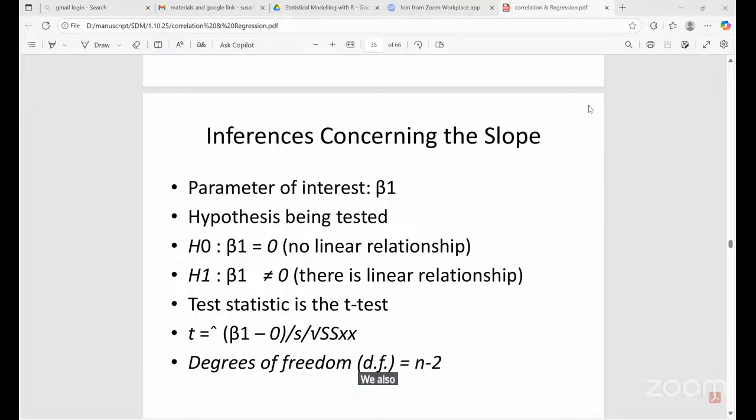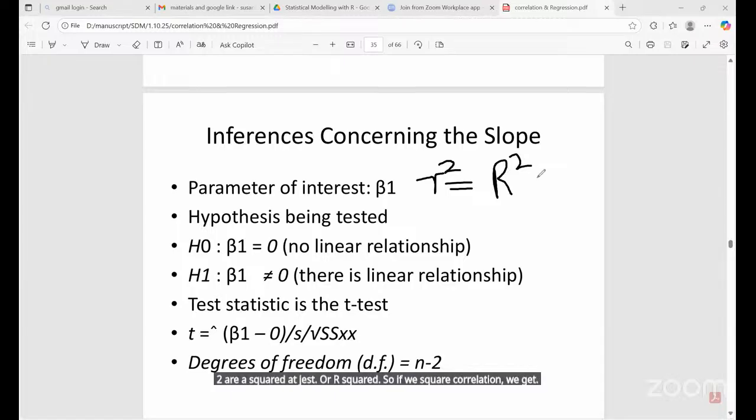We also know, one thing that I had skipped, is that the correlation coefficient, small r, is related to R squared or R squared adjusted. If we square the correlation, we get R squared.